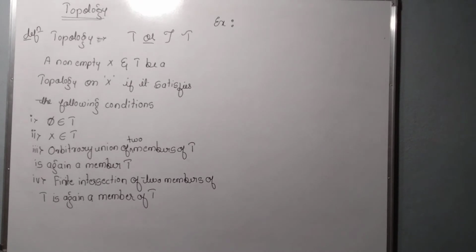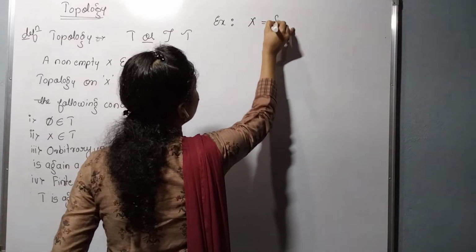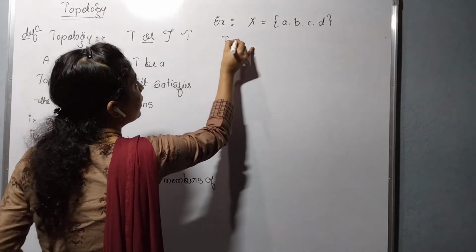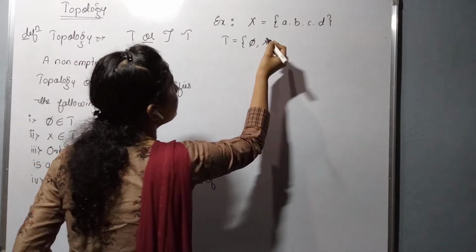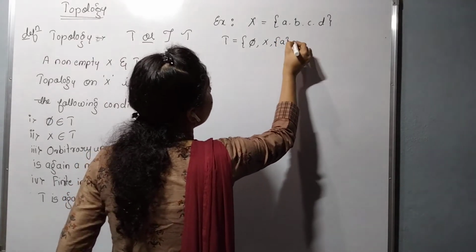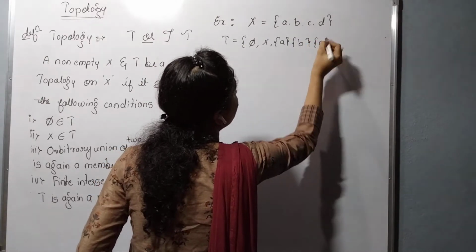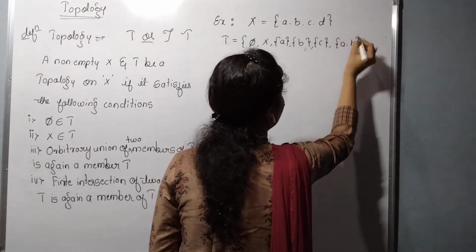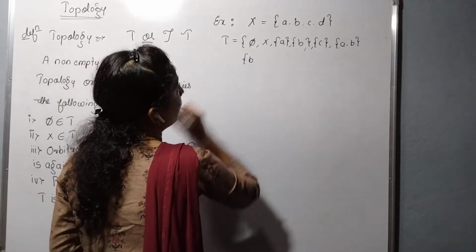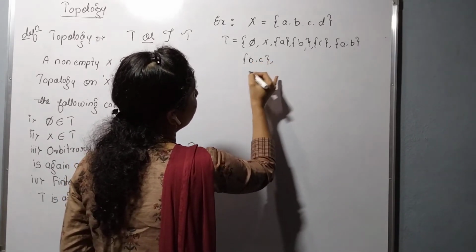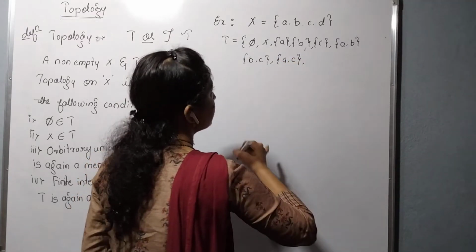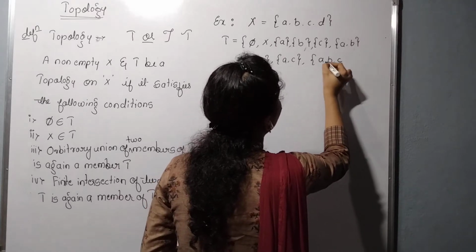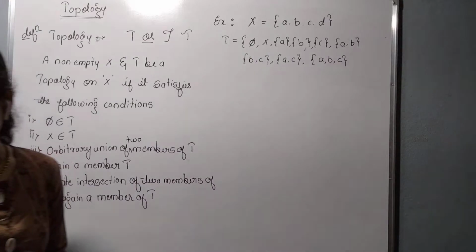So here we consider the example: X is equal to a non-empty set {A, B, C, D}, and T can be defined as null set, X, singleton A, singleton B and singleton C, and set AB, set BC, set AC and set ABC.